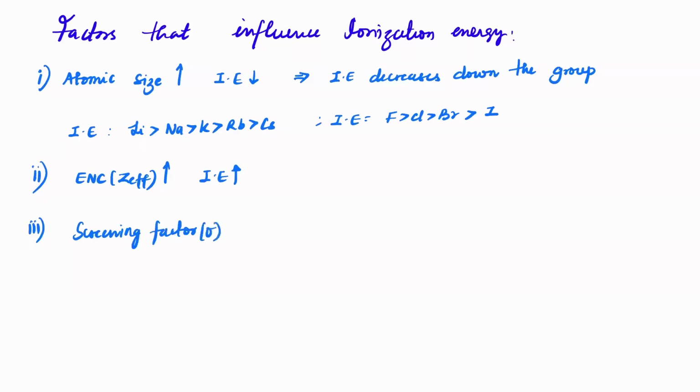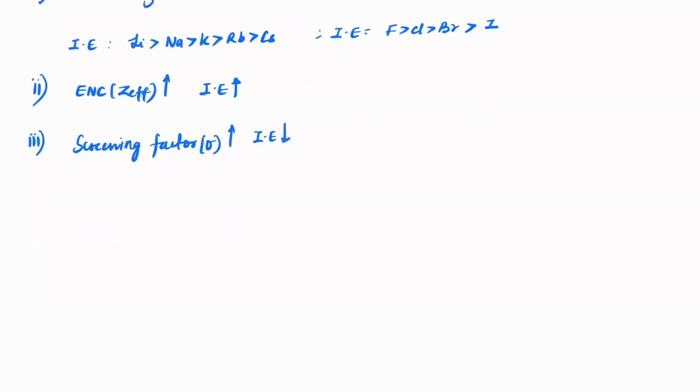If sigma increases, ionization energy will decrease, because the more the screening, the lower the ionization. Therefore, it is more difficult to remove electrons from ns than from np, and than from nd when it comes to ionization energy.